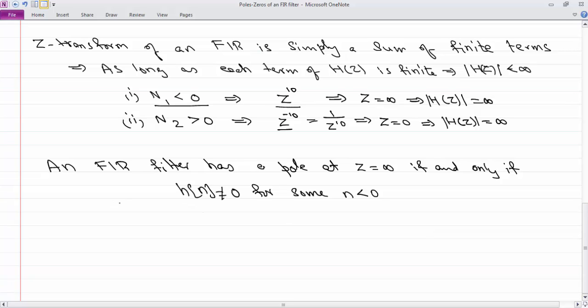Now, a filter which satisfies this condition, that the filter has a non-zero filter coefficient for n less than 0, that is called a non-causal filter.